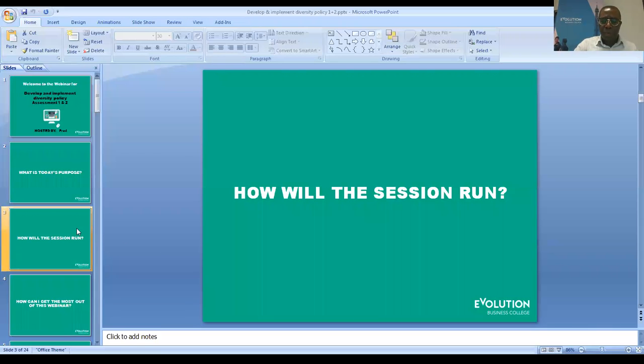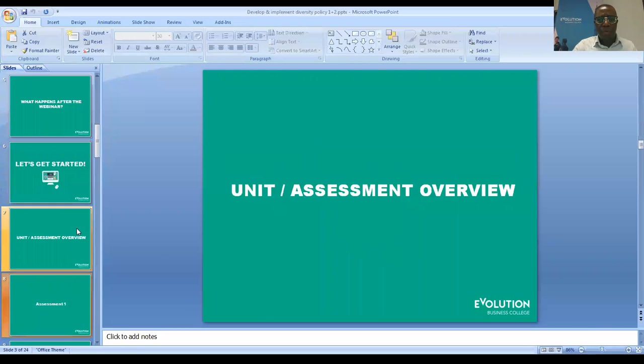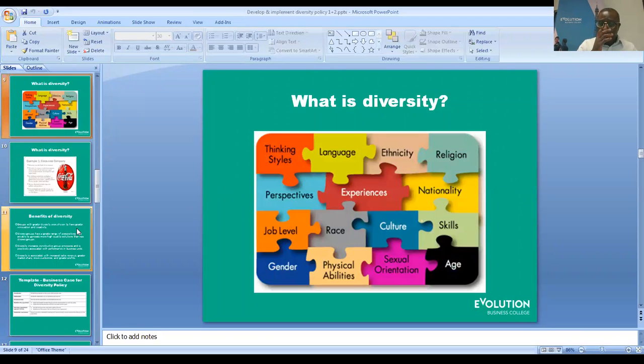Right, so here we are. Let's now go to, what is diversity? What do we mean when people talk about diversity? As you can see there, we're talking of different thinking styles, different languages, people from different ethnic groups, different faiths, different religions, people of different persuasions, different perspectives, experiences.